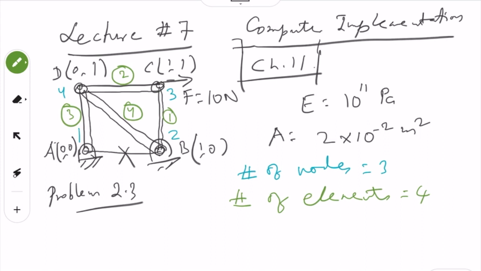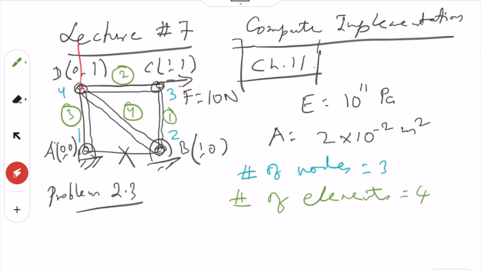Part B is assemble the global stiffness and force matrices. So we have to find out the global matrix. What we see here is we have different orientations. This one, for example, has theta equal to 90 degrees.